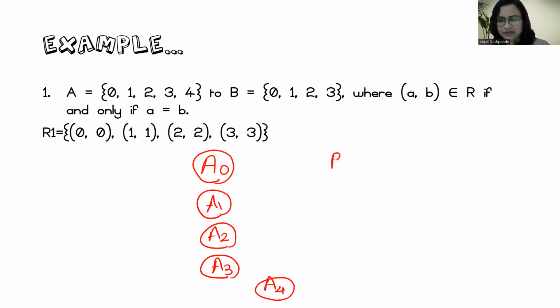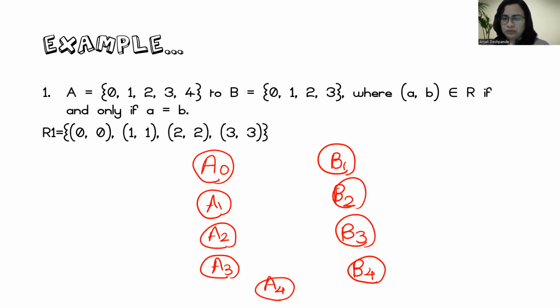Similarly, for set B, I'll have B0, B1, B2 and B3. Now, I'll draw an arrow from one node to the other if that particular entry is there in the relation. So as you can see, 0, 0 is there in my relation. So I'll draw an arrow from A0 to B0. Then I will draw an arrow from A1 to B1.